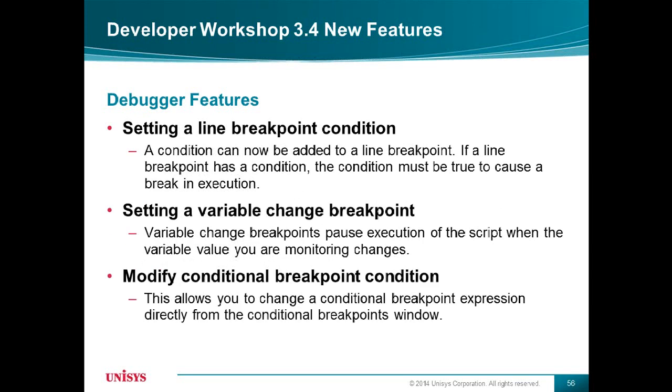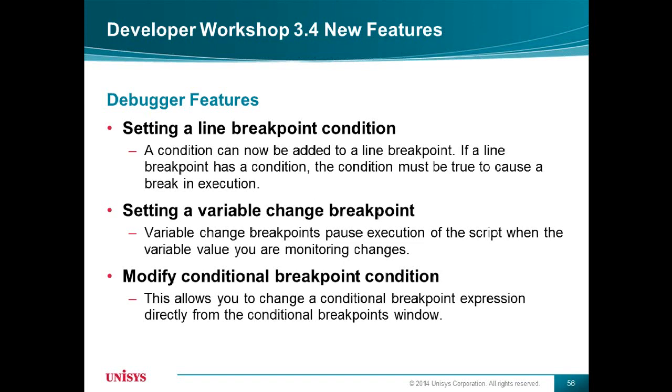The next set of enhancements are setting a line breakpoint, setting a variable change break, modifying conditional breakpoint conditions. A condition can now be added to a line break, so only when the condition is true can you break it. If a line breakpoint has a condition, then the break is executed only if the condition is true.